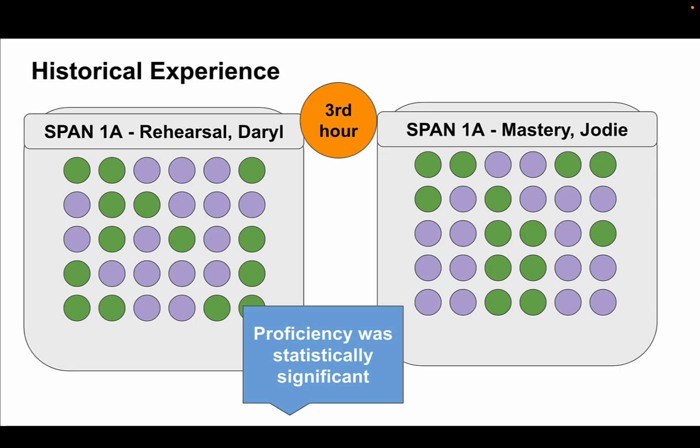That's saying that both mastery and rehearsal groups were making more progress that was statistically significant in terms of proficiency than the other group that was not. And that was based on schedule. It wasn't necessarily that we were trying to prevent that treatment, but it just happened to play out in the schedule that way.